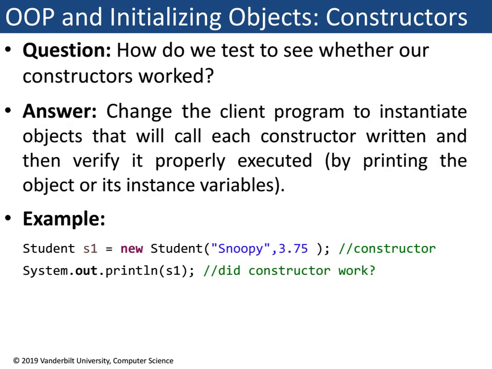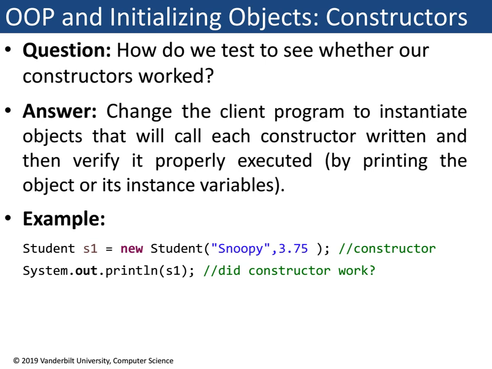So how would we go about testing a constructor that we've written into a class? Well, what we would do is change our client program to instantiate objects and call each of the different constructors and then verify that they worked properly by printing out the object or the instance variables to the console.